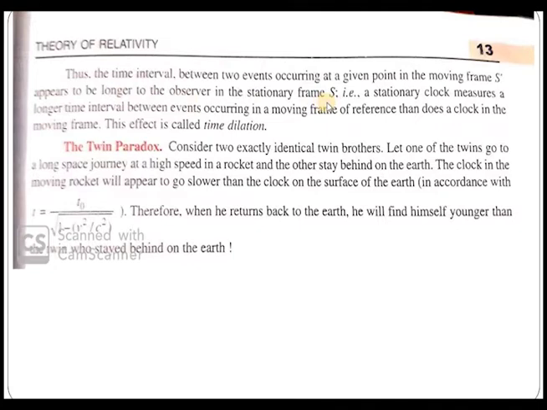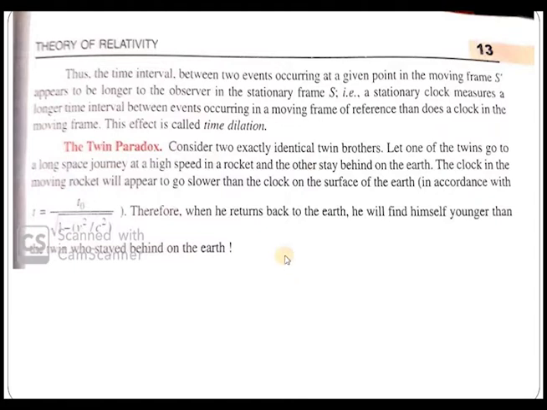Okay, so what are we doing? We are just launching a rocket to space, and the rocket is moving with a velocity comparable to the velocity of light. And the time difference observed between the two events: from this rocket we are making a shot, and the time interval between the shots is 1 hour in the rocket, and a person is standing on the earth and observing the rocket.